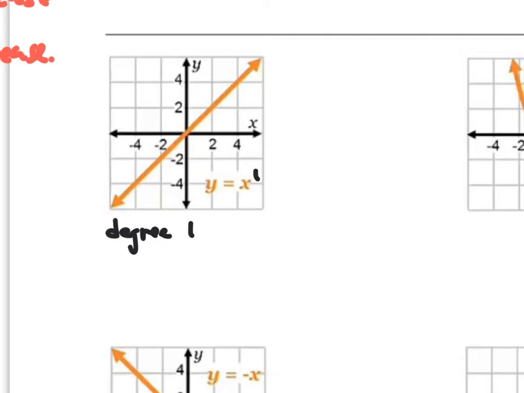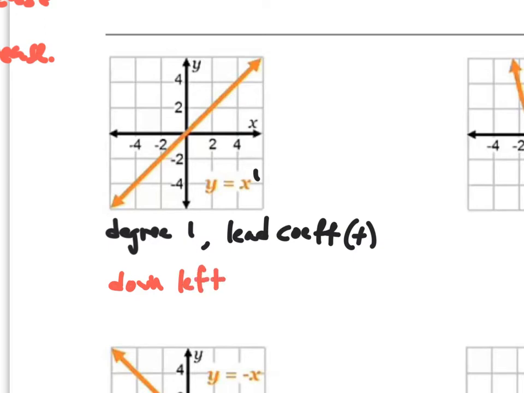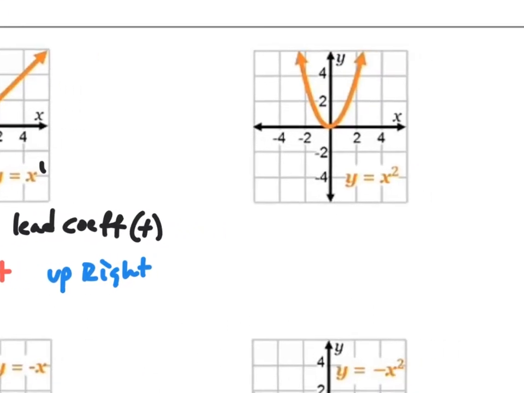So our graph is strictly increasing. And then our leading coefficient is positive. So our end behavior means that we're going to go down to the left, and then up to the right. We kind of learned that last unit, but we're putting this all together now to do the same thing.